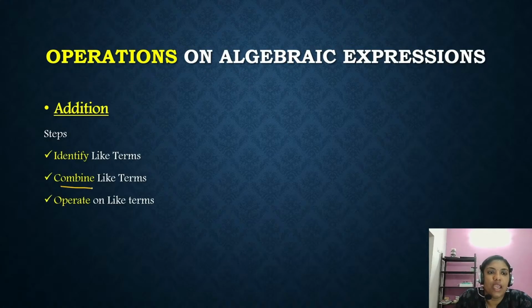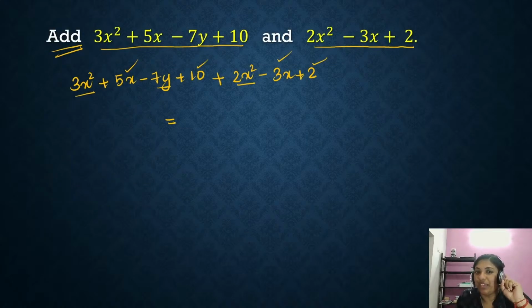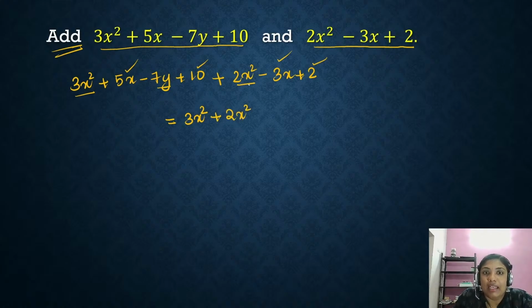Now what's the next step? Combine like terms, then operate. Okay. So we have identified. Now what are the next two steps? Combine and operate, right? Okay. So let's combine. 3x square will be combined with the like term 2x square. And if you want to write a term somewhere else, then you have to take the same sign.